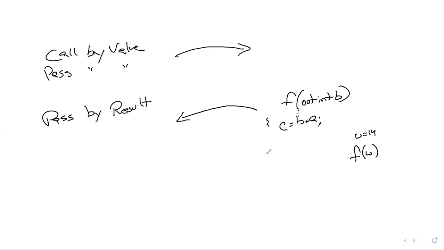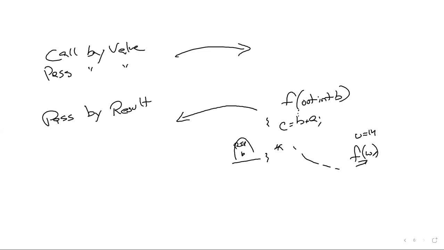At the end of the function, before b is destroyed, it is copied out. So whatever value you have in b at this point in time will be copied into w. You did not pass the 14 in. All you did is give it the rule of how and where to copy out. And that's pass by result.